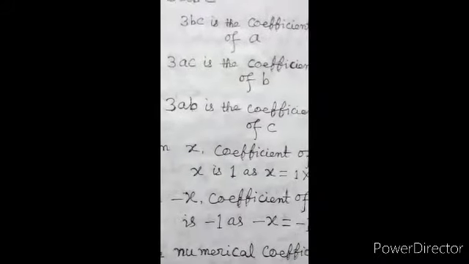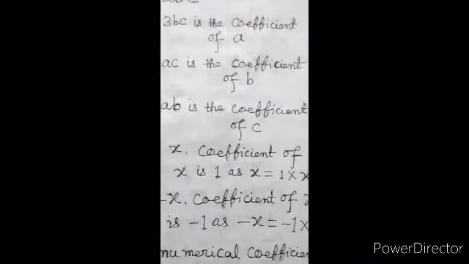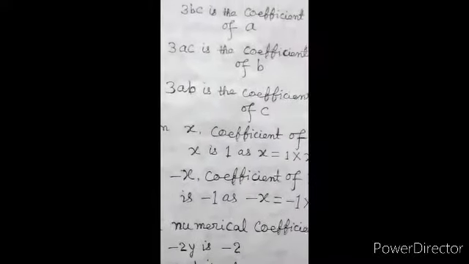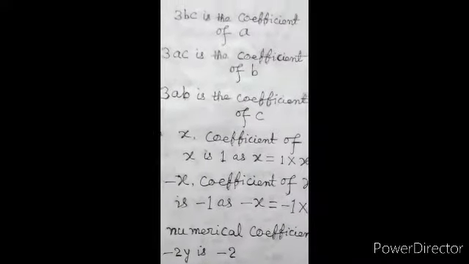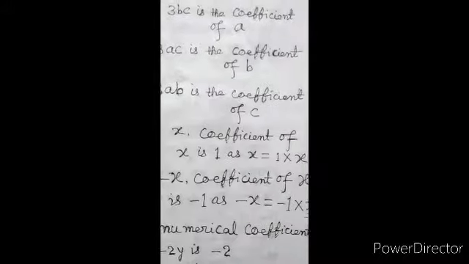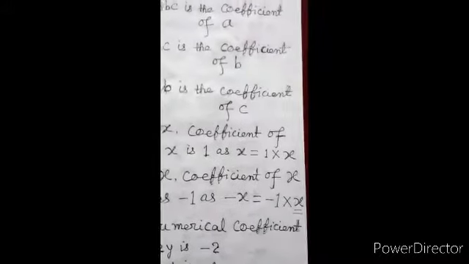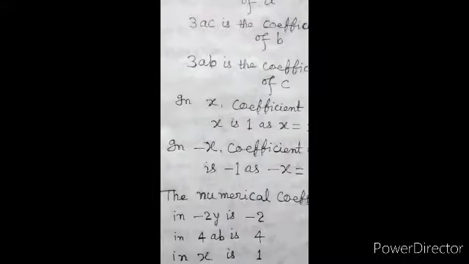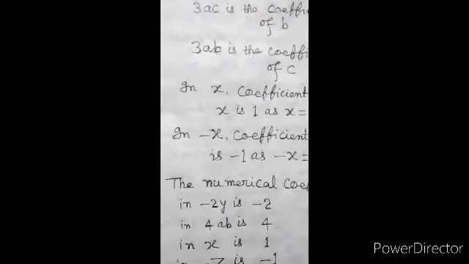In X, the coefficient of X is 1, as we can write X is equal to 1 into X. In minus X, the coefficient of X is minus 1, as minus X is equal to minus 1 into X, as 1 remains hidden. The numerical coefficient in minus 2y is minus 2.